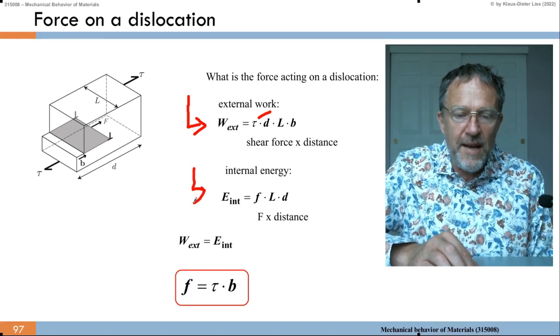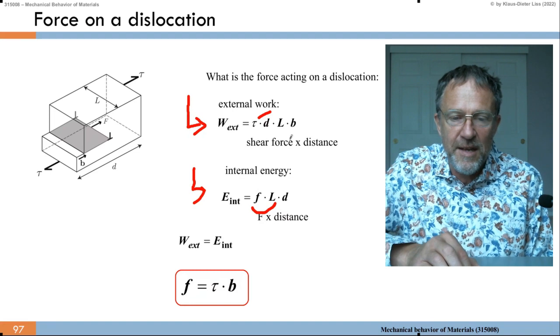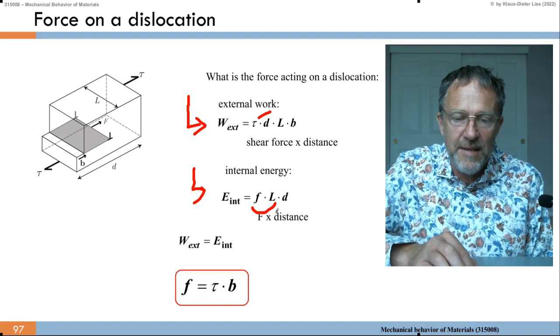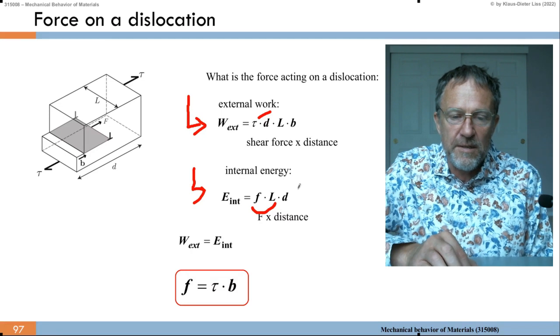And the internal energy can be written as a force density times L. So this gives F. The big F is a small f times the length of a dislocation. So now the L is uppercase, before it was lowercase, times the distance.